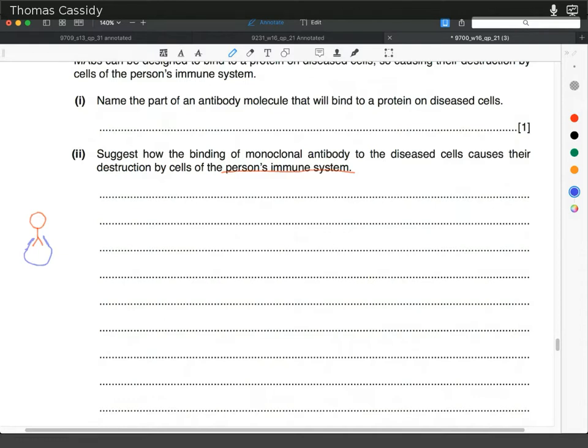So the same sort of thing's happening here, but we're talking about our own disease cells. Usually, the immune system isn't going to bother touching your own cells, because if it did, we'd eat ourselves from the inside out, and that'd be terrible. So the main reason we use these monoclonal antibodies is that your immune system recognizes them as not ours. That's not our stuff, so it must be bad. So we need to get rid of those.